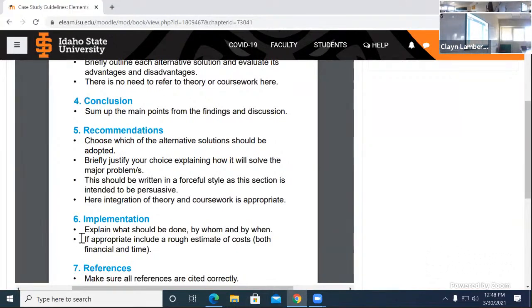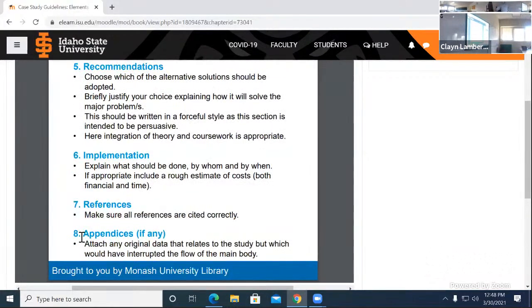I am going to go in and change this a little bit. I'm going to get rid of item number 6. Why? Item number 6 explains how we would actually do this. That's not the focus of this class. So you don't have to spend any time telling me how you would actually apply or do what the utilitarians recommend.